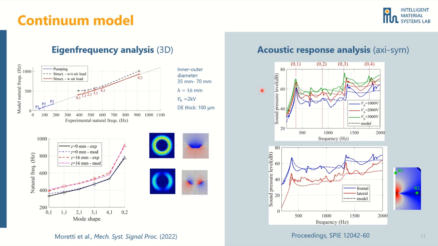For this simple layout, the model is able to predict the general trend of the sound pressure level, how it changes with the applied bias voltage, and how it is distributed in space. You can find more information on this in our paper in the proceedings.